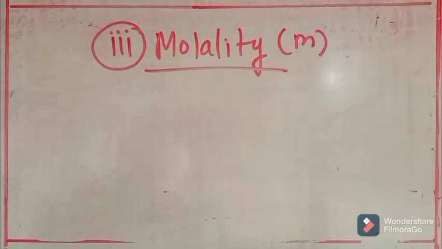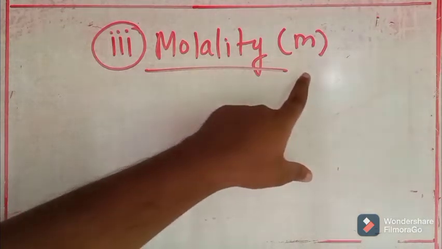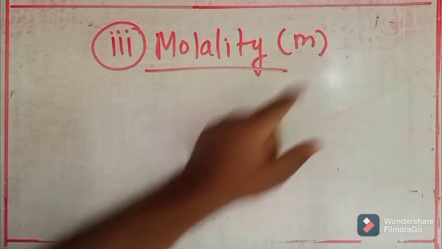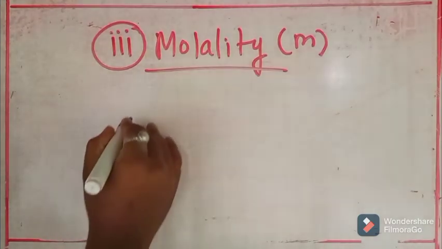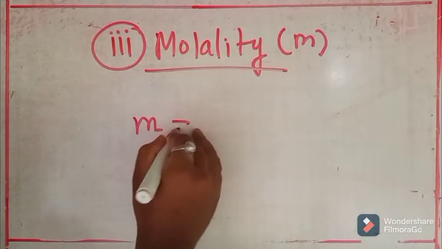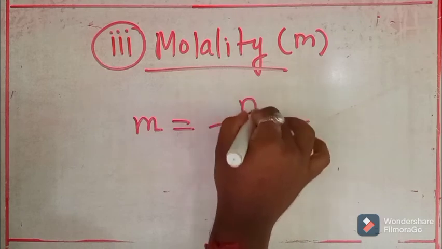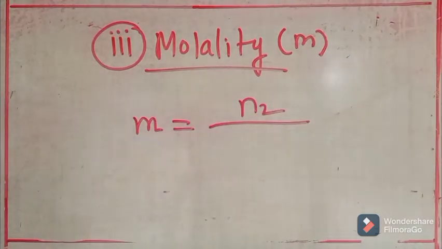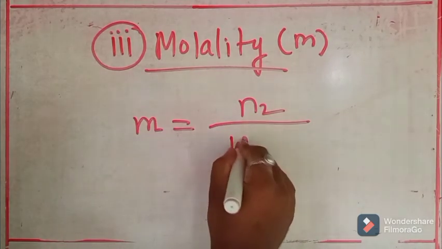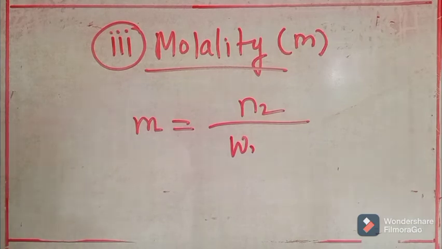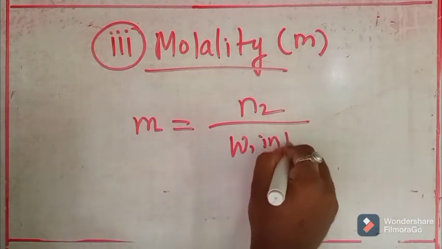Now we will discuss molality. Molality is represented by small m. So what does molality mean? Molality m means N2, the moles of the solute, divided by W1, the weight of the solvent in kilogram.